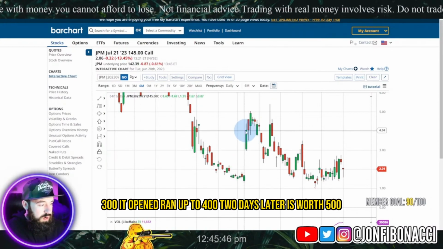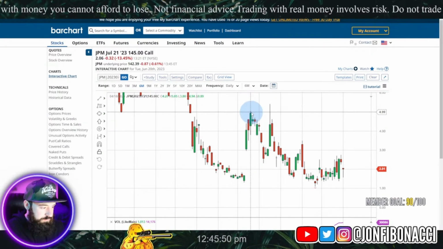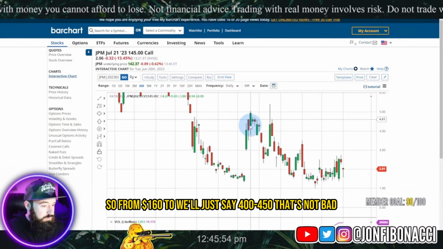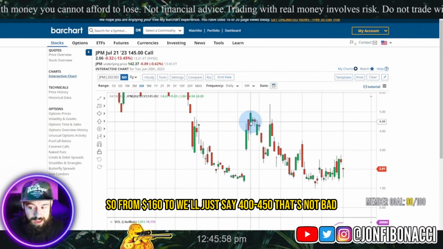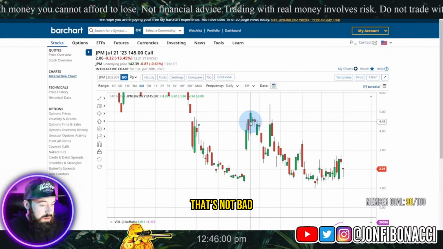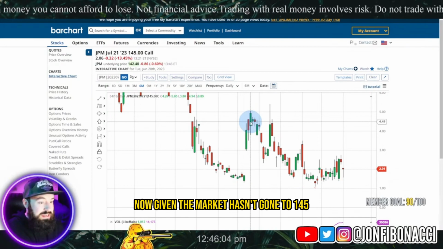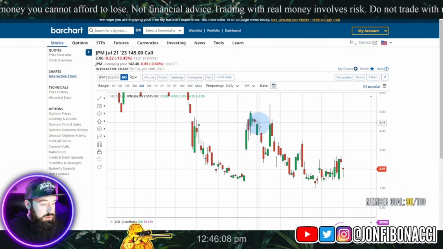300, it opened, ran up to 400. 2 days later, it's worth 500. So from $160 to, we'll just say 400, 450. That's not bad. That's not bad. Now, given the market hasn't gone to 145, the strike price, look where it's at.